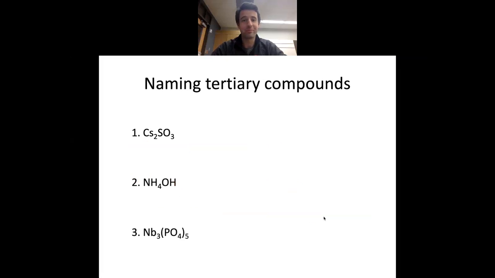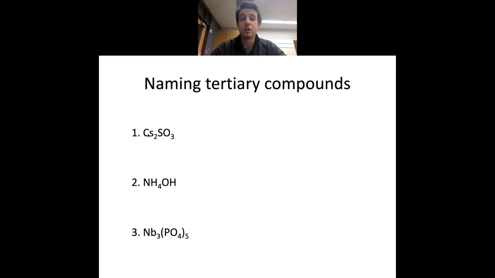Here we go. Okay. So for the first 3, these are all naming rules. The rules for naming are: name the anion, so the SO3, and then name the cation, which in this case is Cs. And then you have to look and see, does Cs in this case have more than one charge?